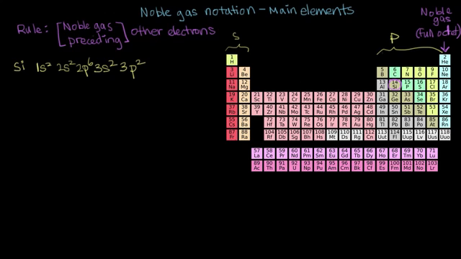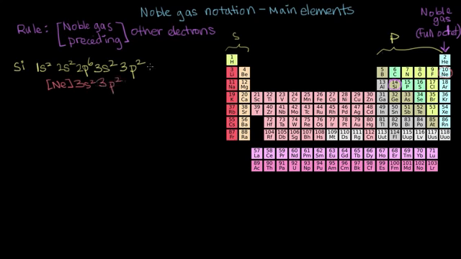Now we can write it out using noble gas notation and compare. The noble gas immediately preceding silicon, if we go up a row and then move over, is neon. So we write neon in brackets. Then the other electrons are the ones that come after neon. The electrons that aren't included in neon would be our 3s2 electrons and the 3p2 electrons.